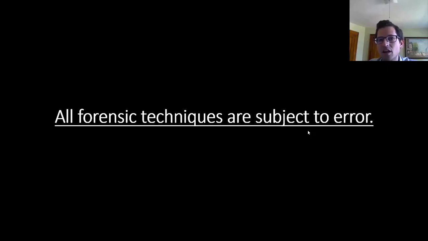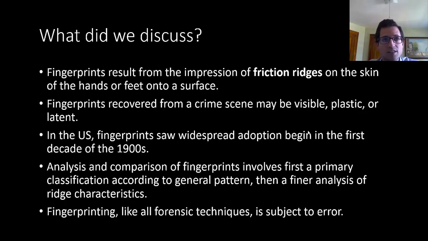Every single forensic technique should be treated in a criminal or civil case with skepticism and assessed within a certain window of confidence. We should assess it in terms of how confident we can be in it, not assume that it's perfect. So, today we discussed a number of things. We saw that fingerprints result from the impression of friction ridges on the skin of the hands or feet onto a surface.